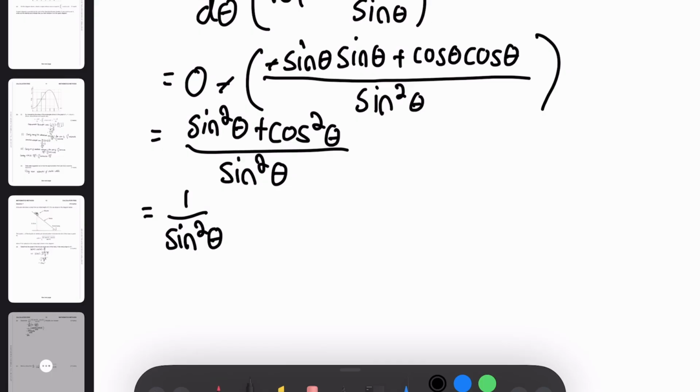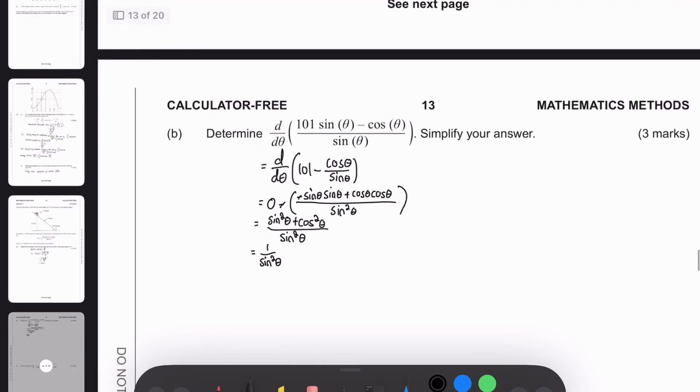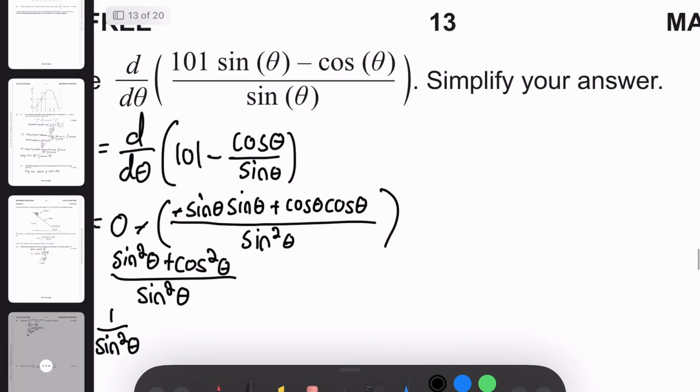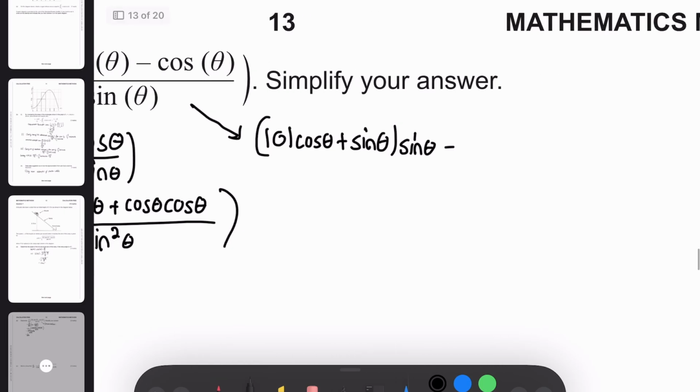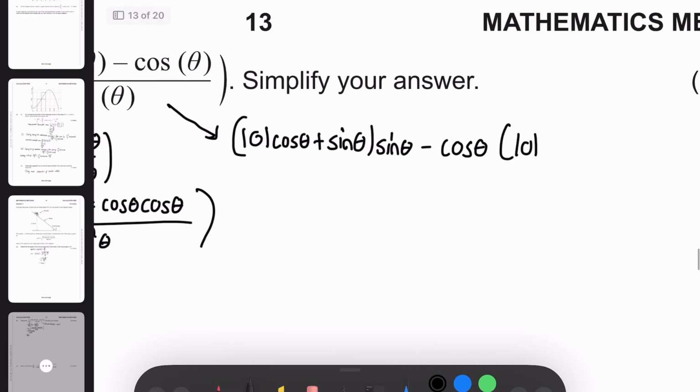Oh, the marking key did the full thing. That's kind of disgusting. But okay, I mean, this is also a valid way, so it should work out fine. What I mean by the full thing is, from here they did 101 cosine of theta plus sine of theta times sine of theta minus cosine of theta times 101 sine of theta.